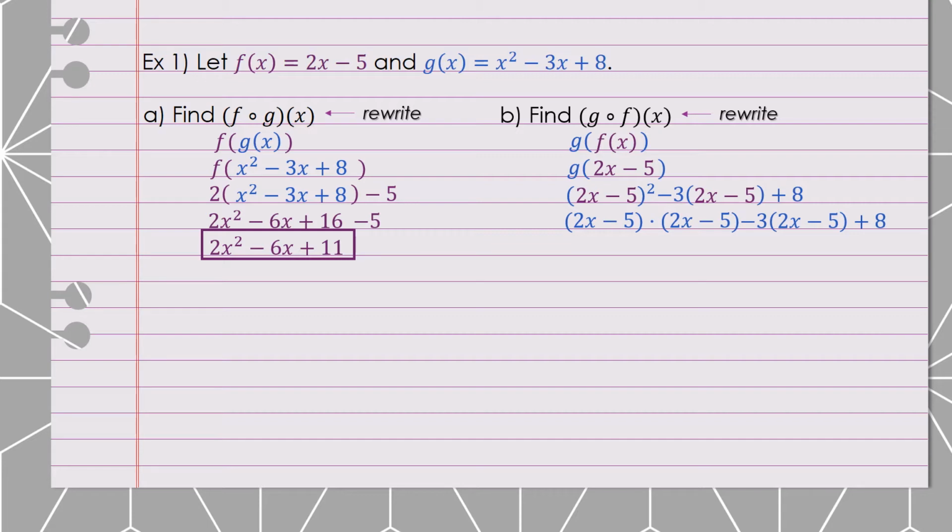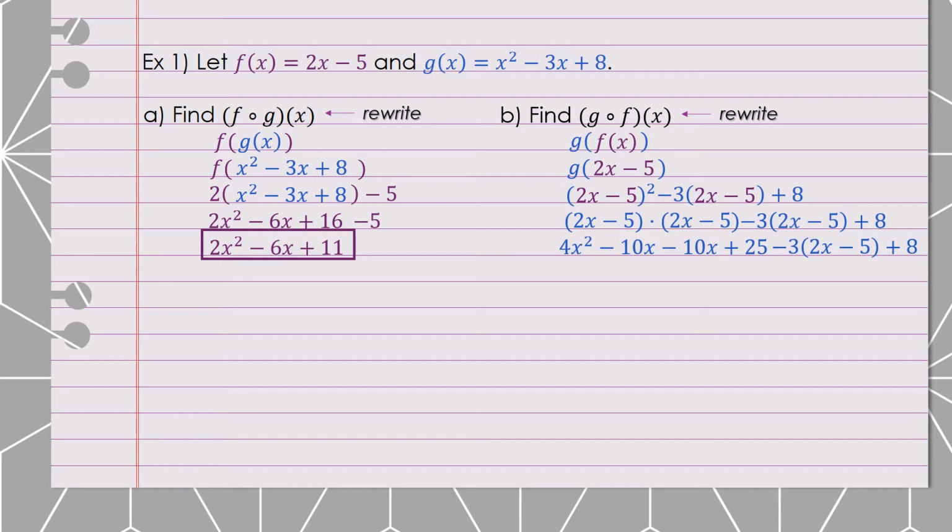Now 2x minus 5 times 2x minus 5, you will need to distribute that, and you should find 4x squared minus 10x plus 25, and then everything else stays the same. Do we have any more multiplication division? And we do.